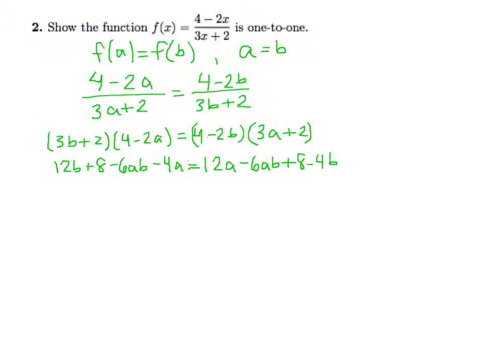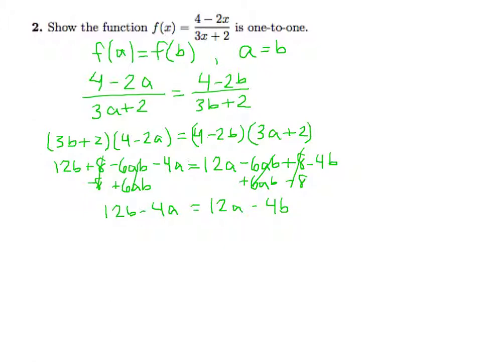We're going to see if we can get rid of anything on both sides. We have a plus 8, so we can subtract 8 from both sides, and those two will cancel. And we can add 6ab to both sides, and these two will cancel. So what's left is 12b minus 4a equals 12a minus 4b.